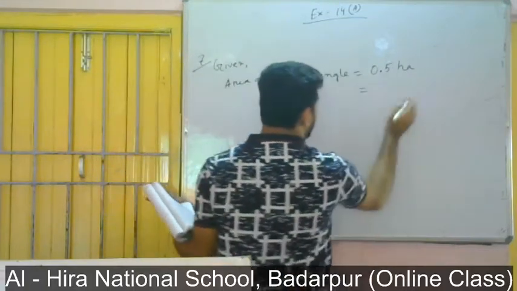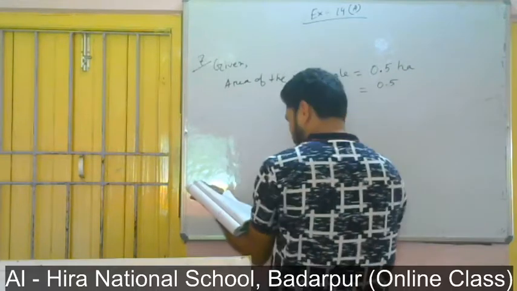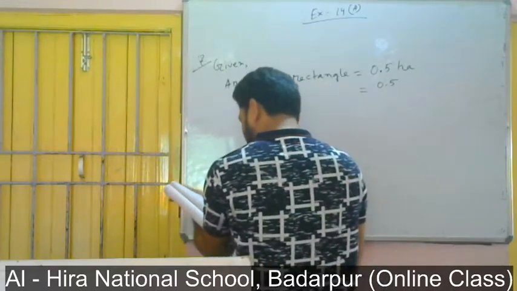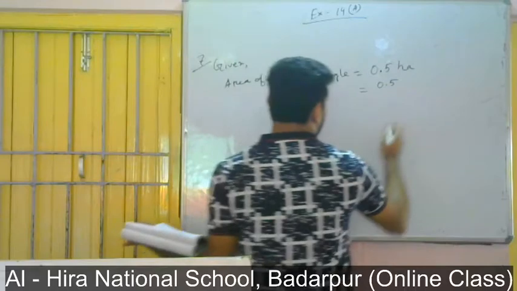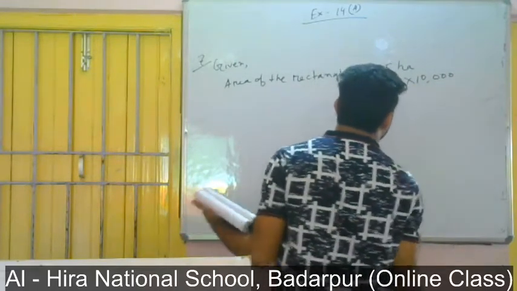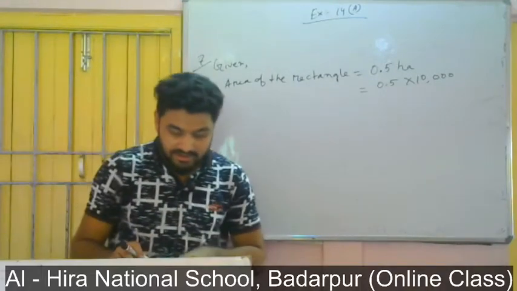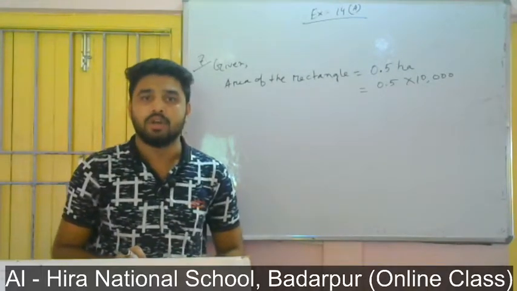So you just multiply with 10,000. One relation is there. How to convert? You can see the relation on page 230.